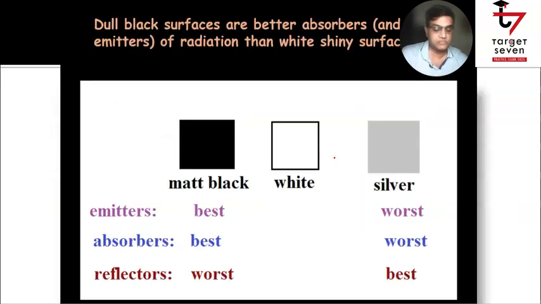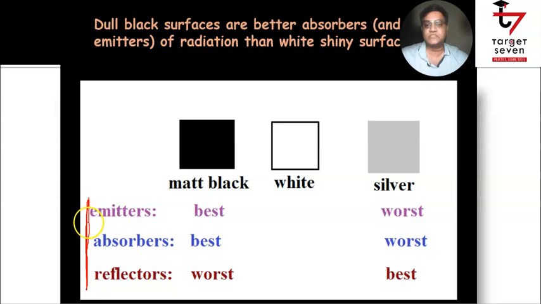Right. Going by this understanding, say we have three different colors of objects. One is matte black, the other is perfectly white, and the third is a silver colored body. If you notice this carefully, we try to understand this radiation in terms of three major factors.